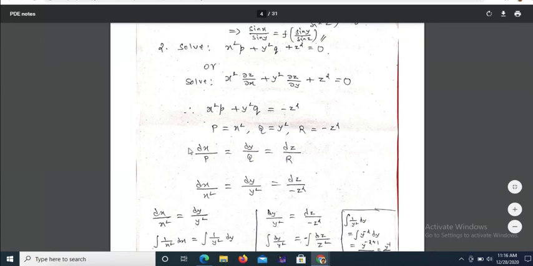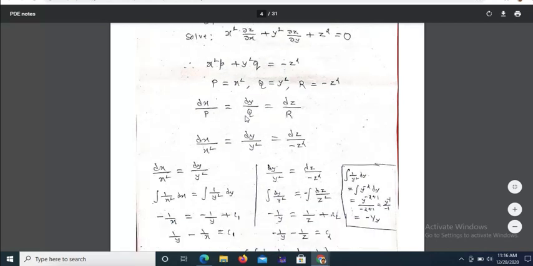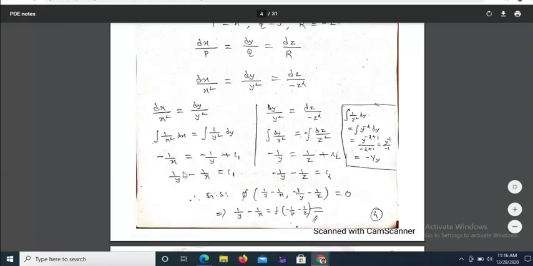So as earlier, the auxiliary equation is dx by P, dy by Q, dz by R. First two terms I have taken. If you take the first two terms, you will get minus 1 by x equal to minus 1 by y plus c1. If it comes to the left side, plus 1 by y minus 1 by x equals c1.